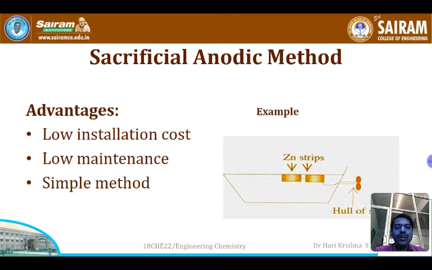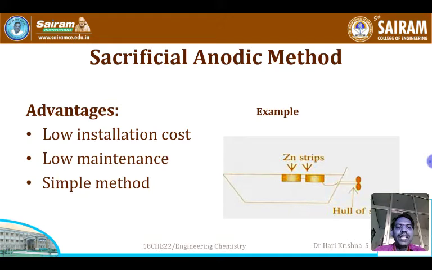Because of that hole, water penetrates into the ship and the entire ship should sink. But that's not the case. Till now, due to corrosion, none of the ships have sunk, isn't it? So let us see how to prevent the ship from undergoing corrosion.